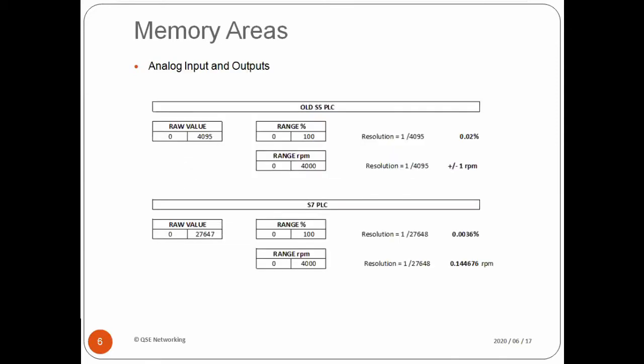Then for analogs. Analogs in the older range of the PLCs, the S5s, the actual analog signal coming in, let's say it was a 0 to 20 milliamp signal, or 4 to 20, or a 0 to 10 volts.